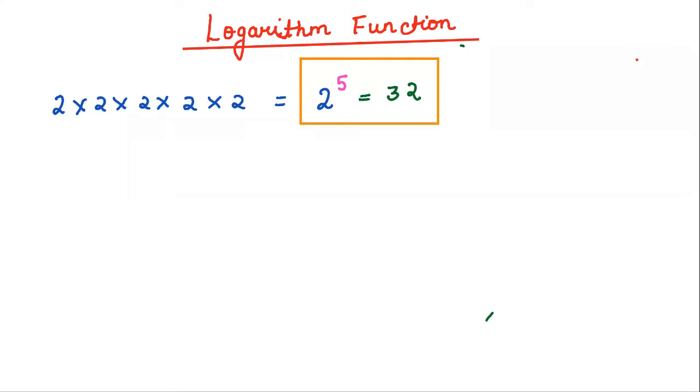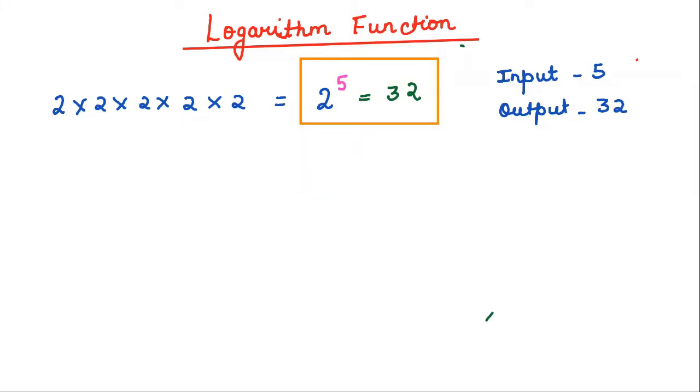So in a way, you are putting the input 5, you are putting 5 in the power of 2, so what output do you get? 32. So input 5, and the output we got is 32. Right. Now the same thing can be written using log. How do we write the same thing using log?